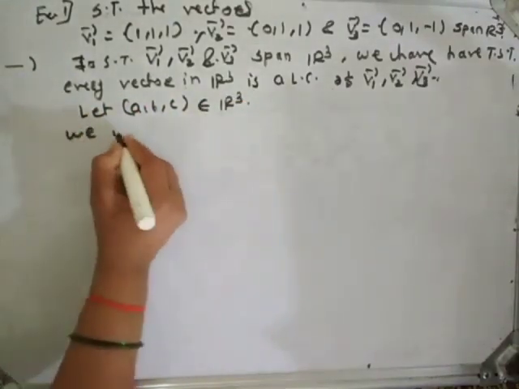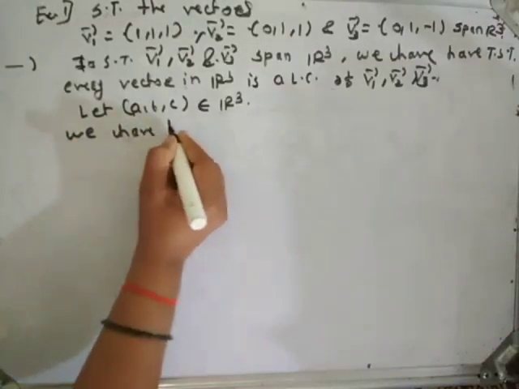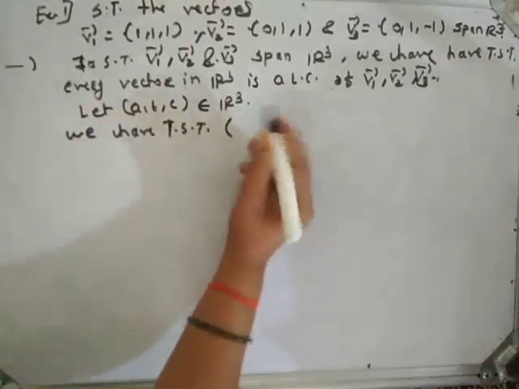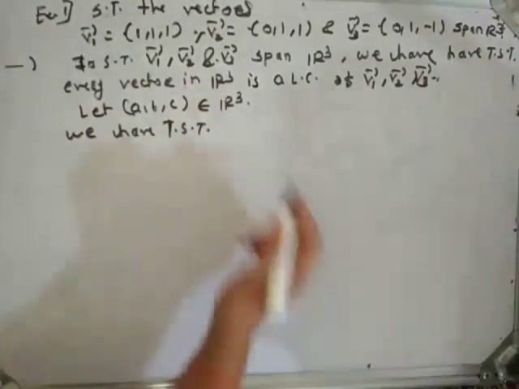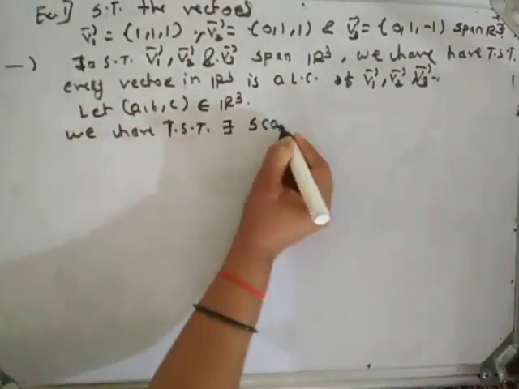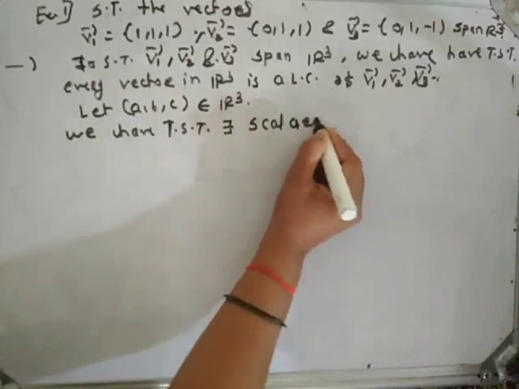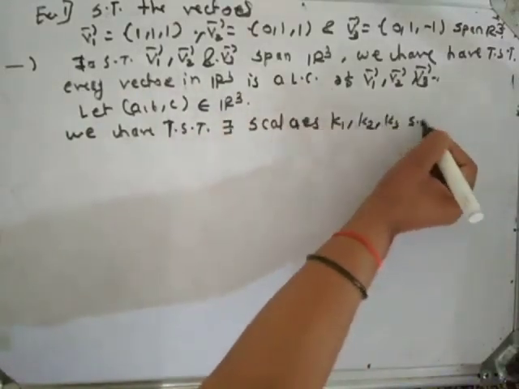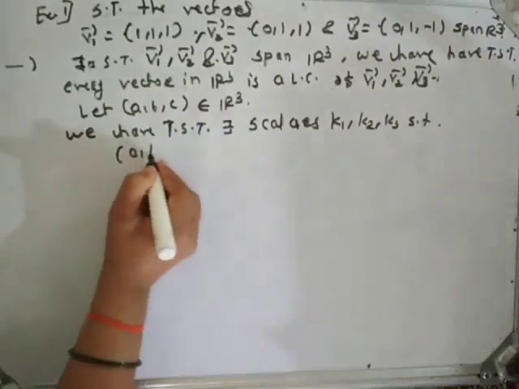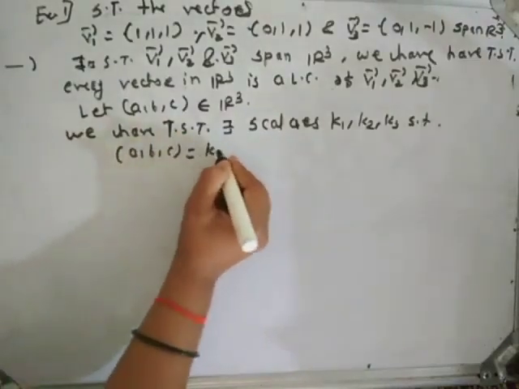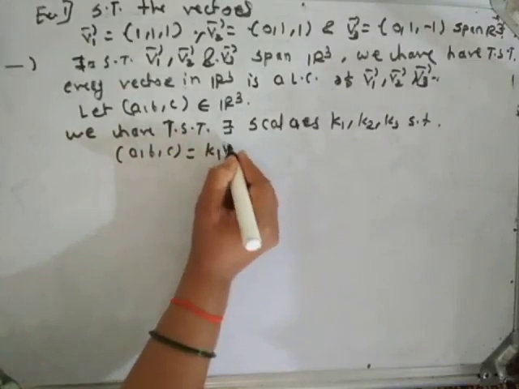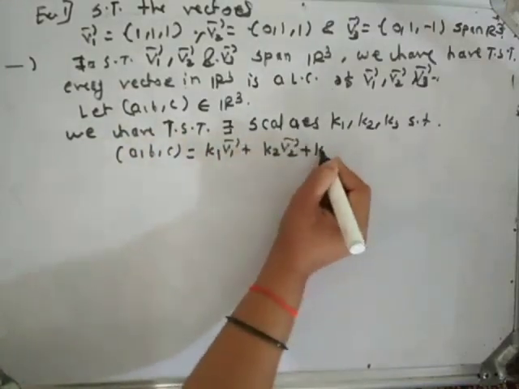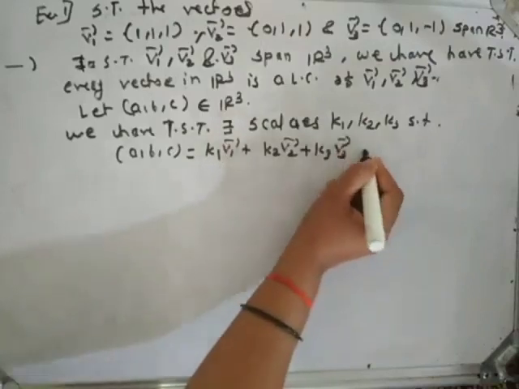We have to show that there exist scalars K1, K2, K3 such that this vector (A, B, C) can be written as the linear combination K1 V1 bar plus K2 V2 bar plus K3 V3 bar. Okay.